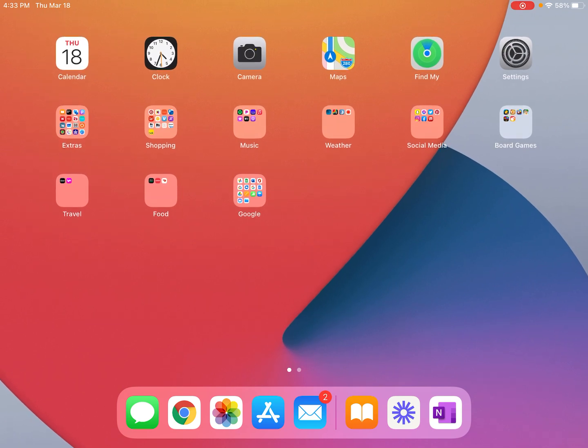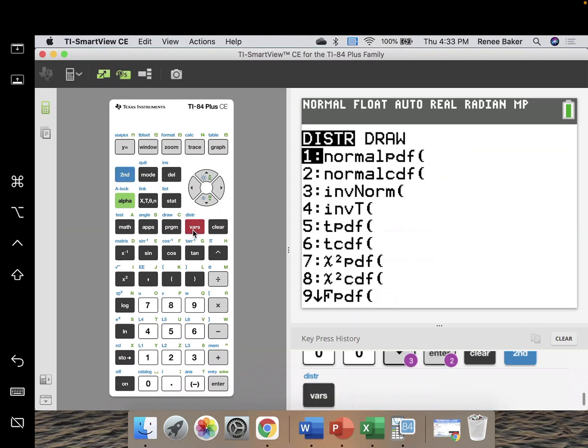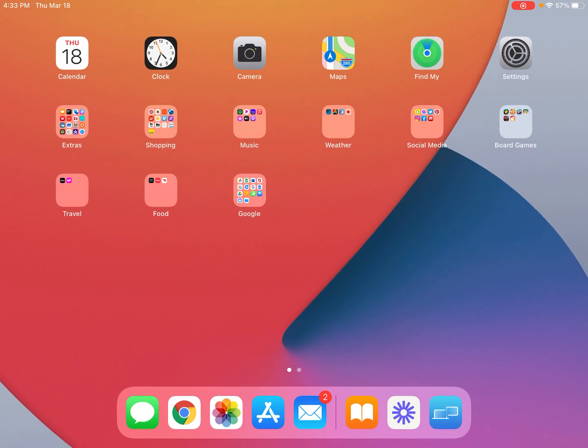So if you look at the calculator and you go to second vars, you'll notice that number 3 says inverse norm. And inverse norm is the inverse function to normal CDF. So that's the one we're going to be using to go backwards.